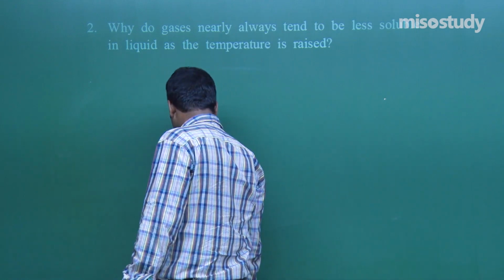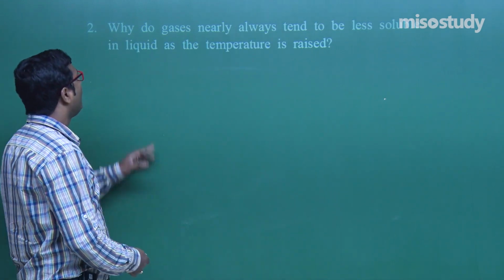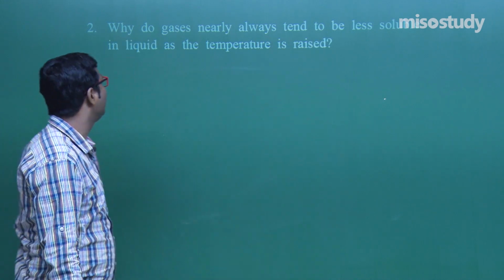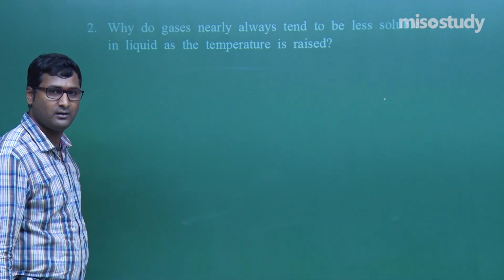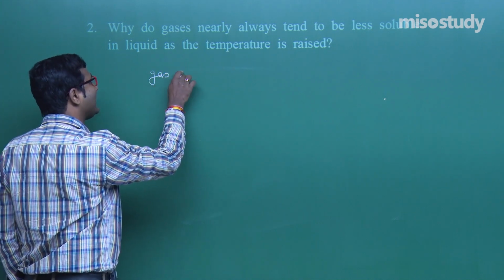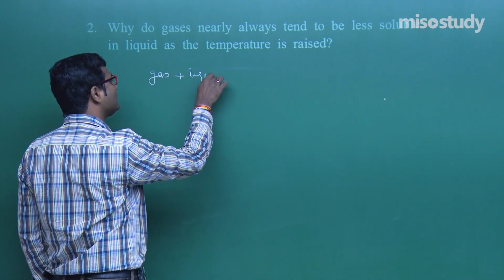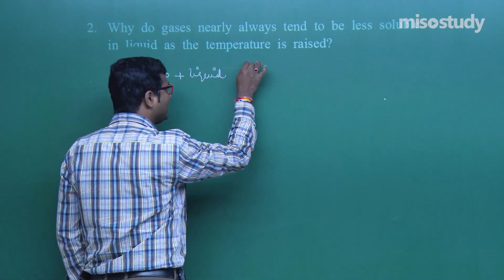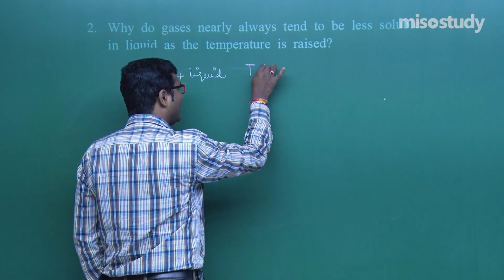Now, question number 2, listen what is given here. Why do gases nearly always tend to be less soluble in liquid when temperature rises? As we know, gas dissolves in liquid, okay, but if we increase the temperature, then what will happen?